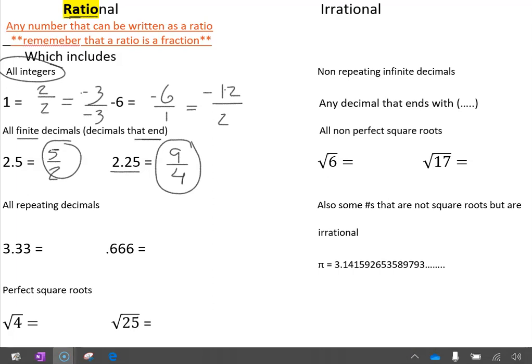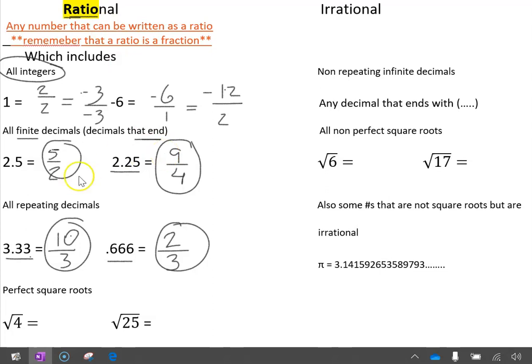So 3.33 can be written as 10 divided by 3, again, ratio, so rational number. 0.66, that one is 2 divided by 3, again, rational number because it's a ratio. And again, all you need to know, you don't need to be able to convert them into the actual fractions. All you need to know is that if the decimal repeats and keeps repeating, it is rational.